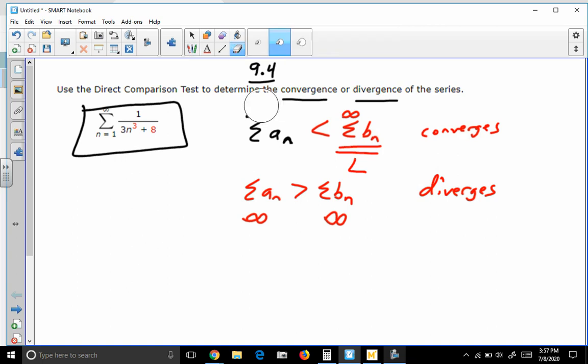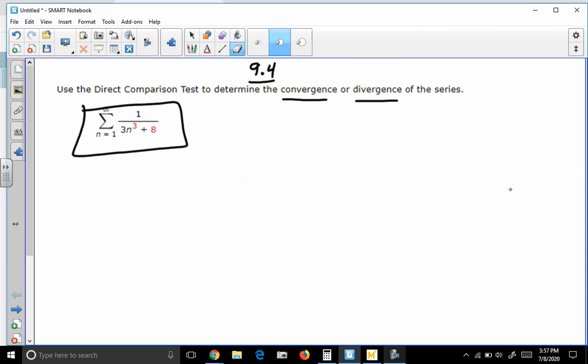So let's do the direct comparison test on this one. Often what we do is we try to compare it to a series where we take off all the bells and whistles of this particular sequence and say, okay, if we know what happens to that one, can we show that this one is bigger or smaller?